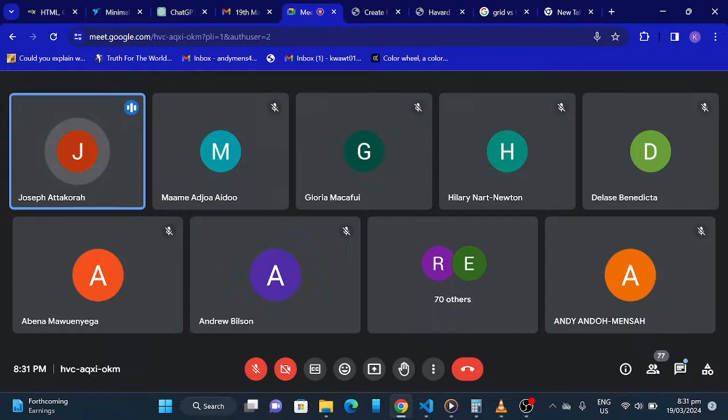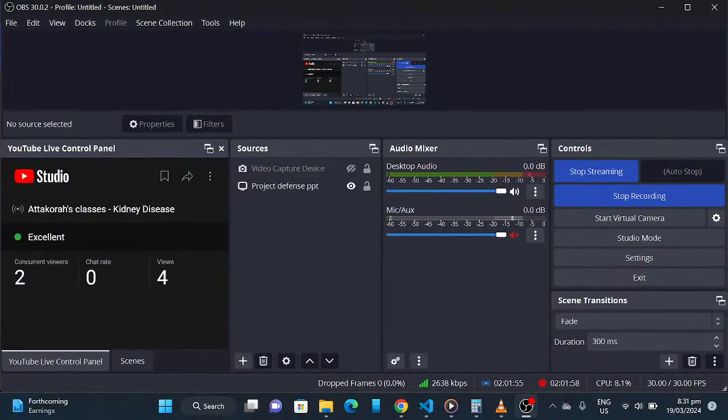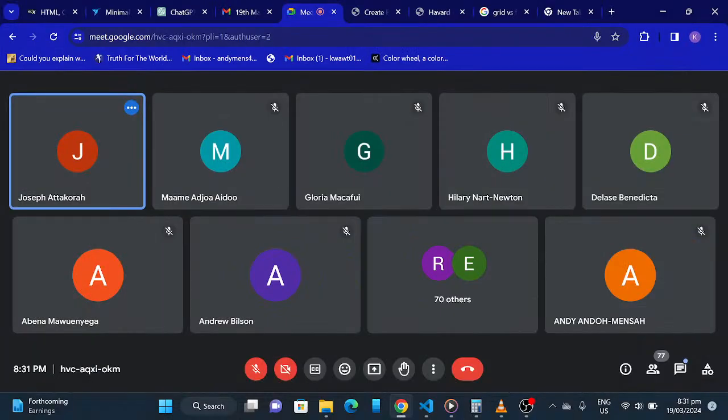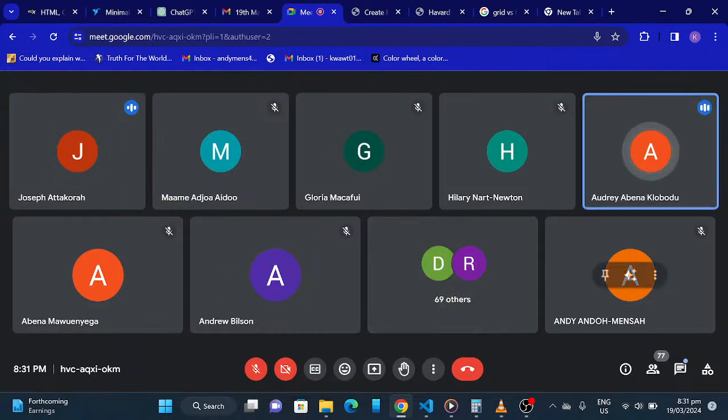Who said hypertension? Sir, for hypertension, the increased blood pressure can cause damage to renal vessels.